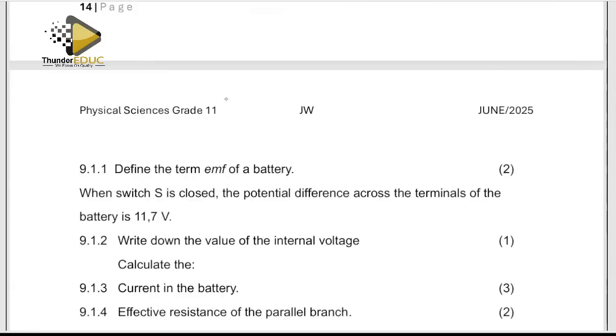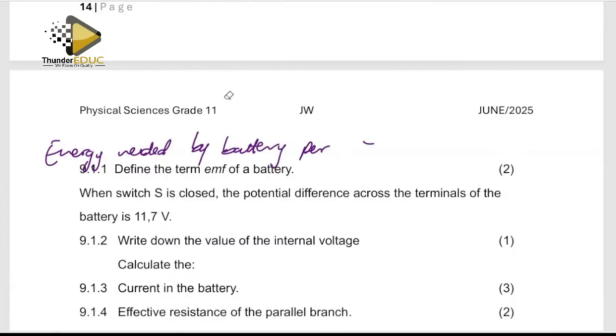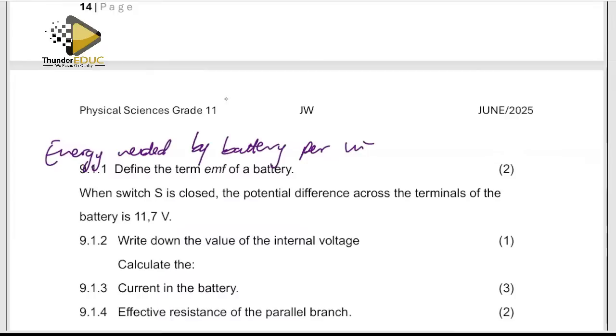So EMF is basically the energy needed, or some people can say the work done by the battery per unit, let's just call it per Coulomb, because we're moving the current per Coulomb, but we can say unit. Yes, per unit charge passing through it.